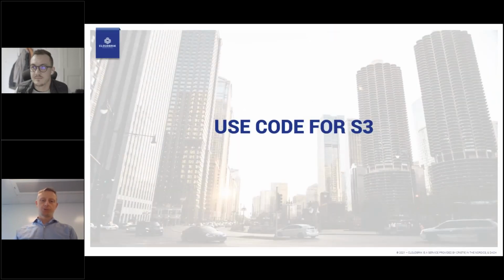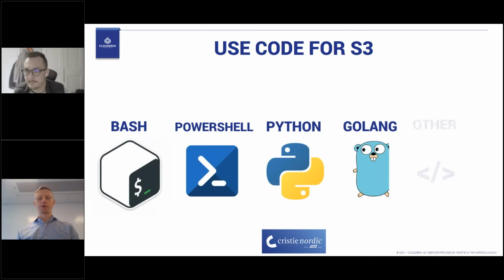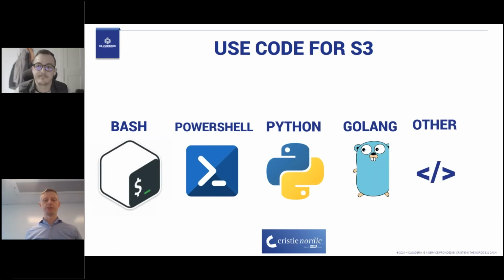So, using code for S3, and that's probably my topic then. One thing is that for using S3, you can use multiple different languages like Bash, PowerShell, Python, Golang, I think even C and C# and so on.